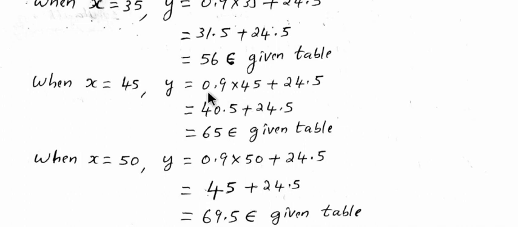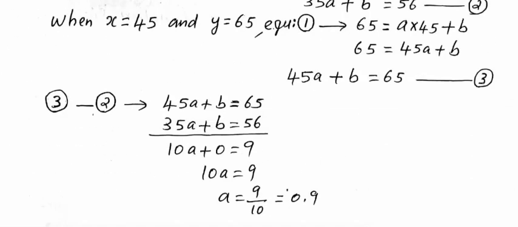Then simplify. 0.9 into 45 is nothing but 40.5. Multiplying, we get plus 24.5. Then add. We get 65. Belongs to given table, 65.